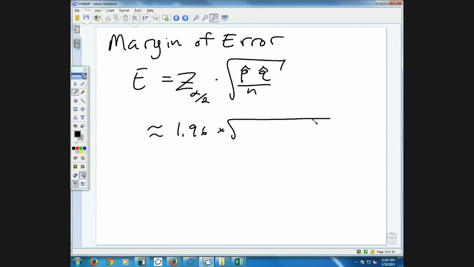And inside my square root is p hat. I'm going to use the fraction versions, if that's okay. My fraction version was what, 7 out of 18? So I could just go here and do 7/18 times, what's the other fraction that I'd use then? 11 out of 18. So I can just keep going. 11/18. And then I have to divide finally by n, which is 18. So if you type that in your calculator, the order of operations there is just fine. The calculator will love it.